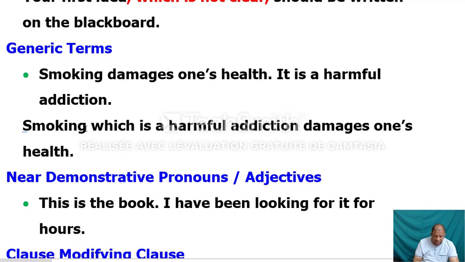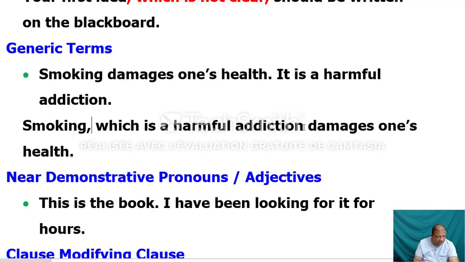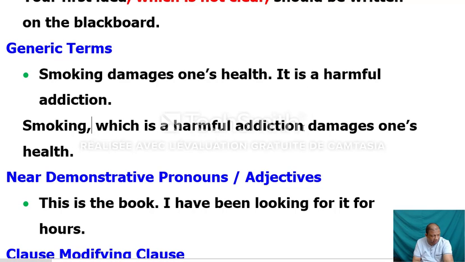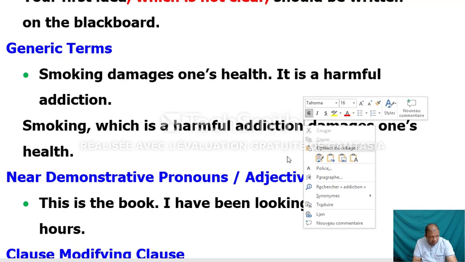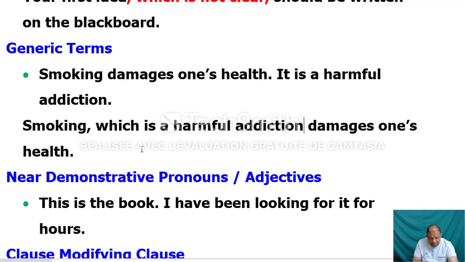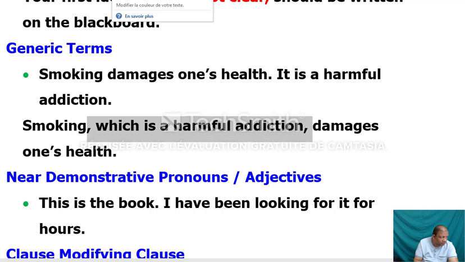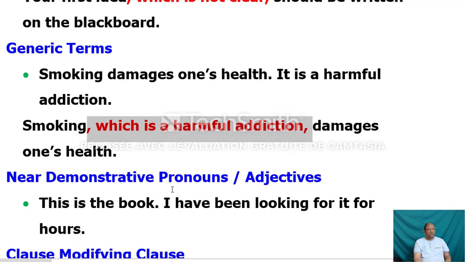Therefore, here, comma, and here, sorry, I have put second one. Therefore, it becomes, this is the relative clause. And this is a non-restrictive adjective clause.